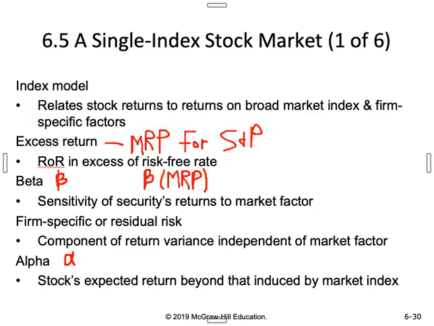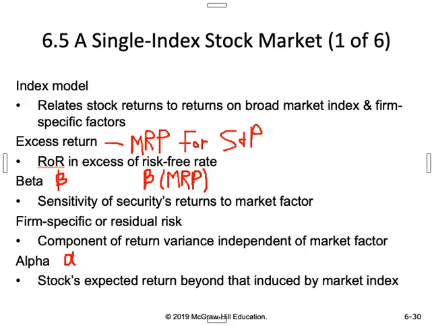So there's a little terminology on this slide, something called an index model. And this is the idea of various models that might relate stock returns to returns on the broader market, such as the S&P 500, and relate them to that, as well as things that go on at individual companies that are unrelated to the overall stock market.